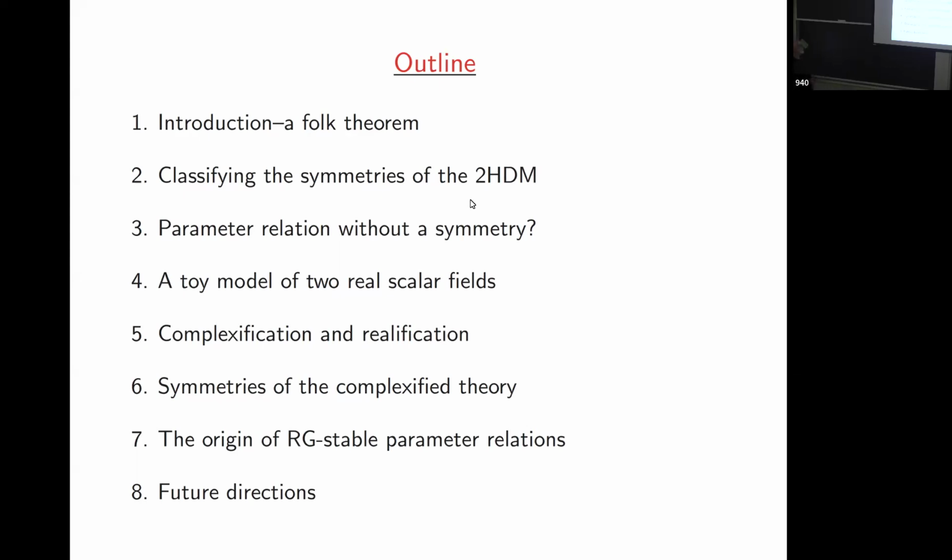It turned out that it wasn't missed, and this actually looked like a parameter relation that was not being enforced by any known symmetry. Moreover, these parameter relations were renormalization group stable, not only at 1 loop, but 2 loops, 3 loops.